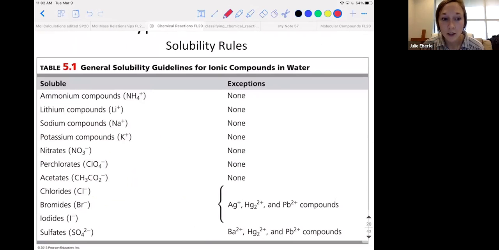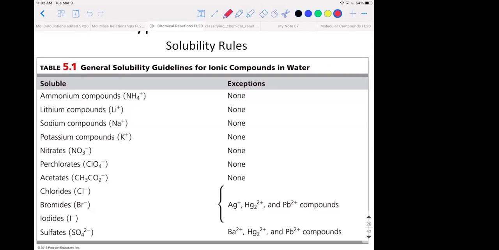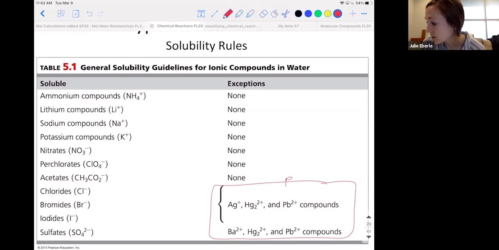If it's not on the chart, it's not soluble. It will form a precipitate. The tricky parts are your exceptions. Okay, you got this whole box down here. These are exceptions. These form precipitates. If it's an exception, it forms a precipitate. You abbreviate that S. If it's soluble, you abbreviate that AQ.